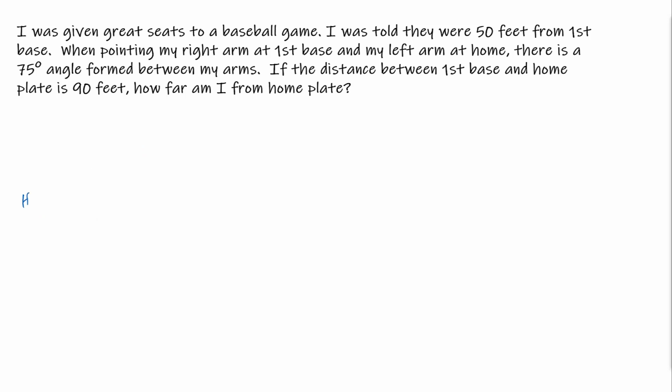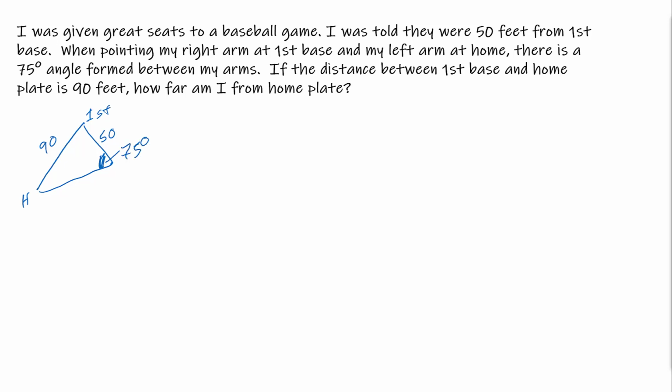We got home plate, we've got first base, and we know that's 90 feet between them. And we also know that I'm 50 feet away from first, and that if I point at first and home, there's a 75-degree angle here.